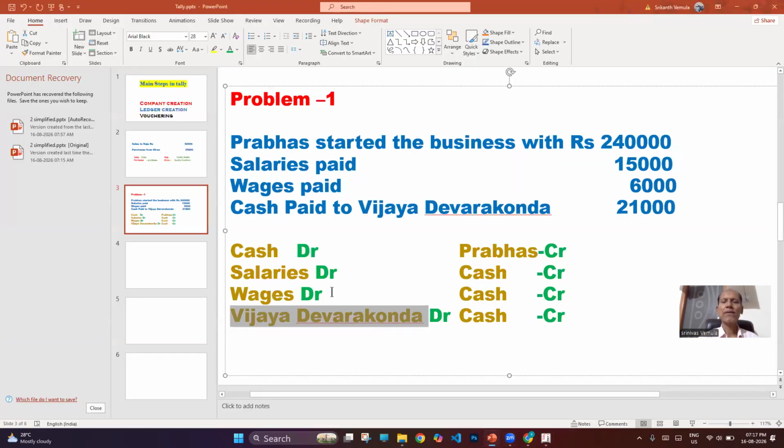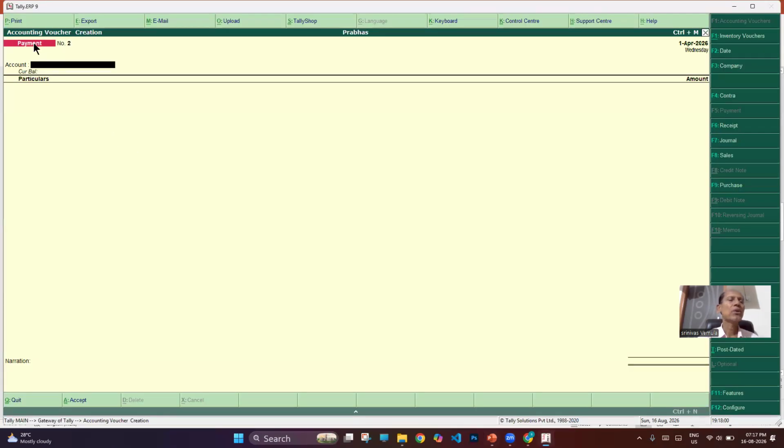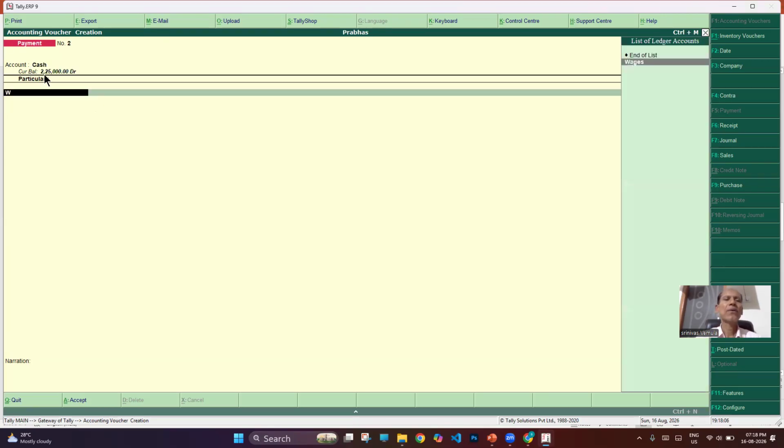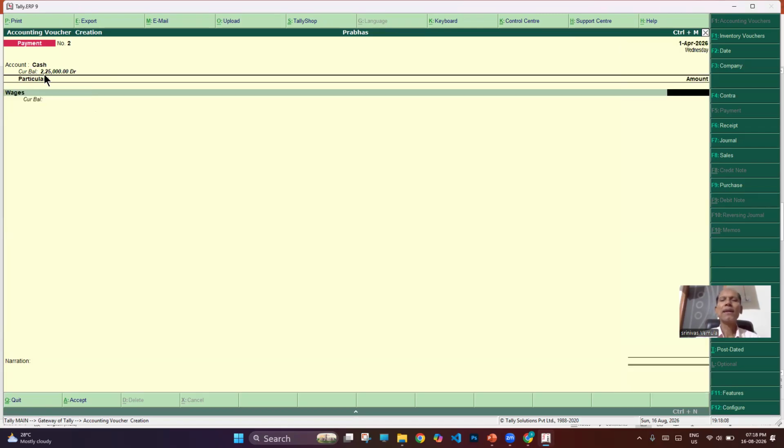Wages paid. So this is also a payment voucher. Go to Tally. We are in the payment voucher. First cash, enter. Wages, enter. Amount: how much?